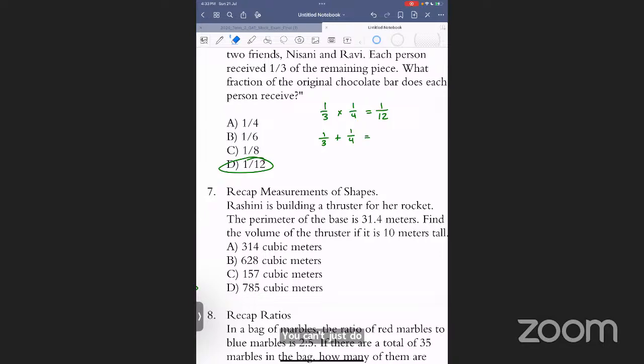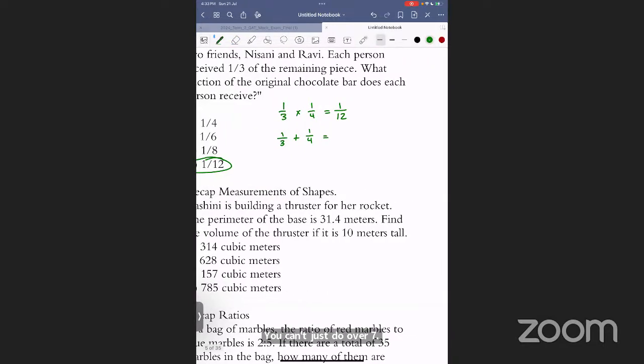When you have additions, the base must be the same. And the lowest common multiple for 3 and 4 is 12. So 1/3 becomes 4/12, and 1/4 becomes 3/12, and now we can add them and they become 7/12.